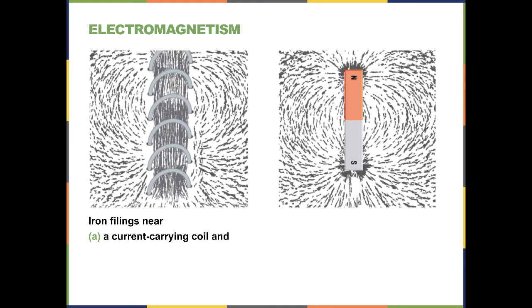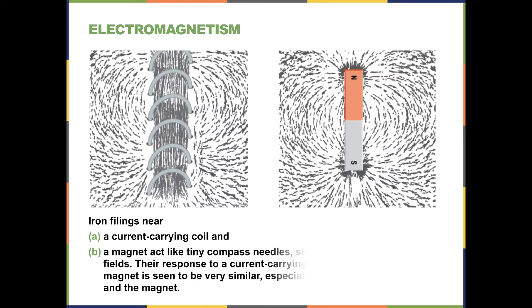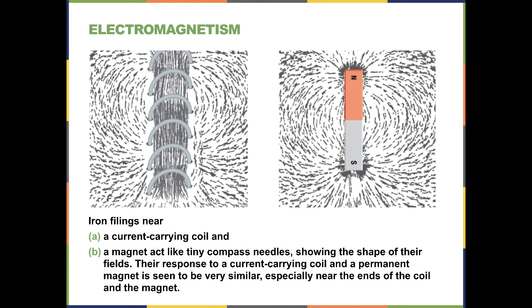What is demonstrated here is that this current carrying coil and the bar magnet have a field shape that is very similar and can cause the iron filings to form a certain field representation. These responses are very similar, and therefore, by the passing of current through a coil, the effect is very similar to the presence of a bar magnet.